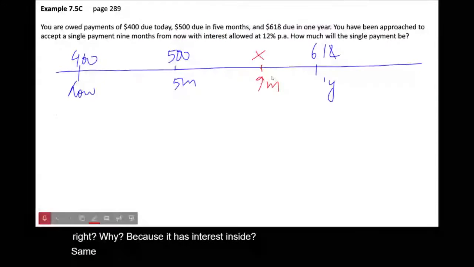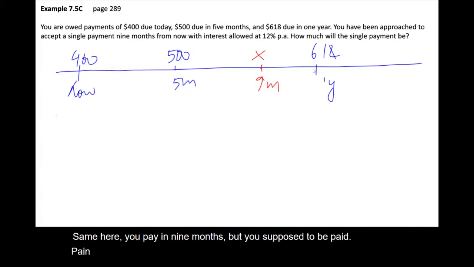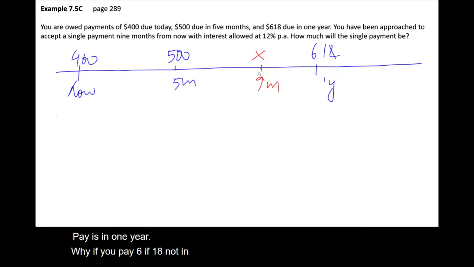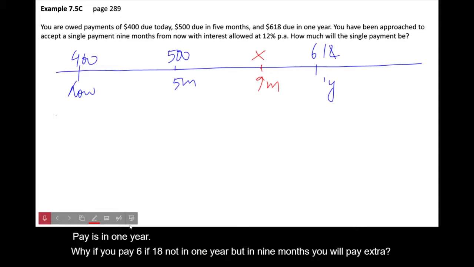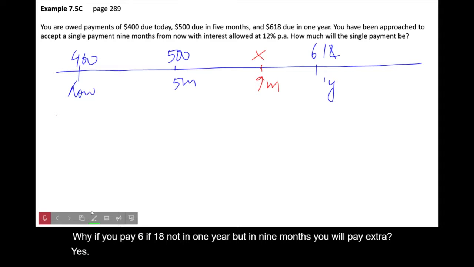Same here. You pay in 9 months, but you're supposed to be paying in 1 year. So if you pay 618 not in 1 year but in 9 months, you get 3 months less of interest, pretty much. Okay. So 9 months is a focal date.